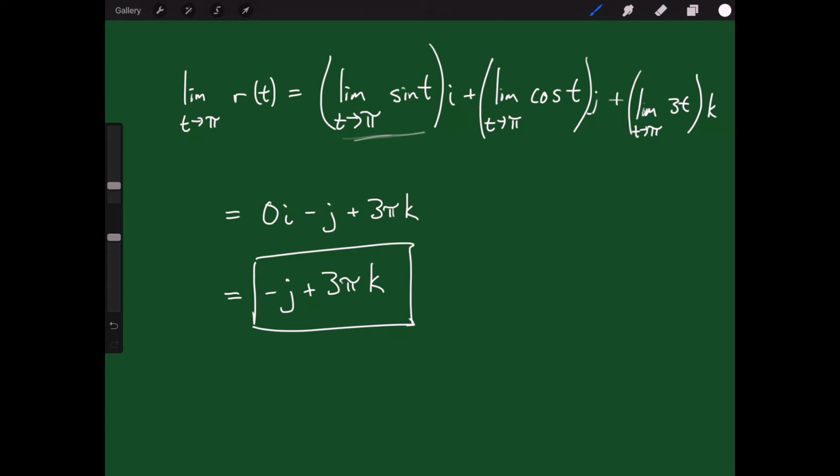Okay, the same can be said of vector valued function continuity. So I just want to talk about that for a second before I let you go. Let's write a definition.